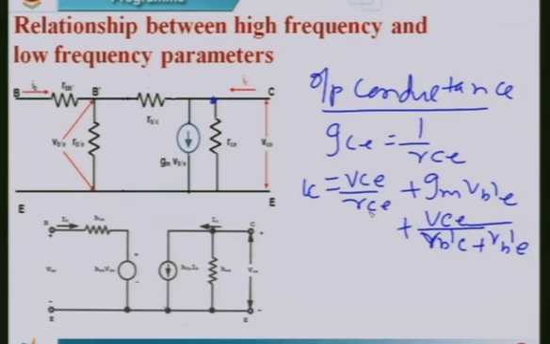if you are solving for the output conductance and simplifying this value, you are going to get one expression. Already we know that hoe is nothing but the short-circuit collector current IC divided by vce.